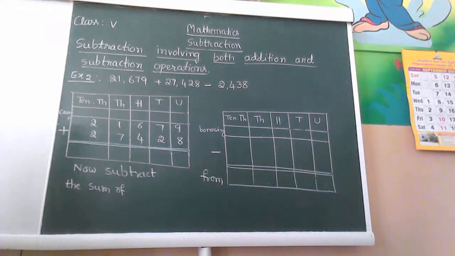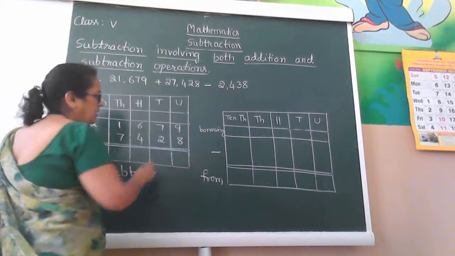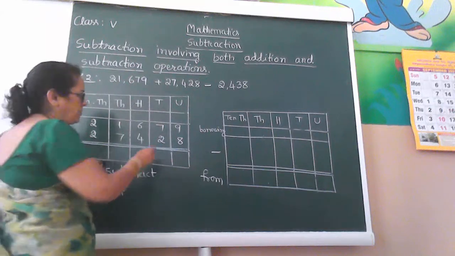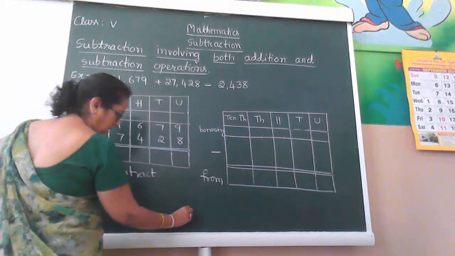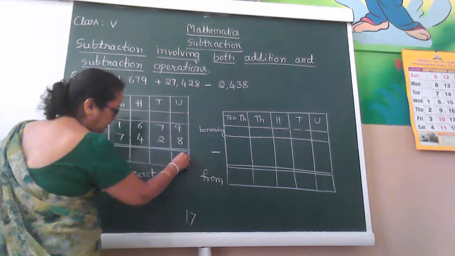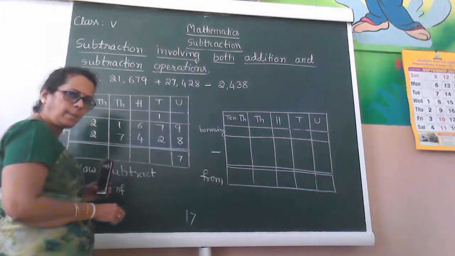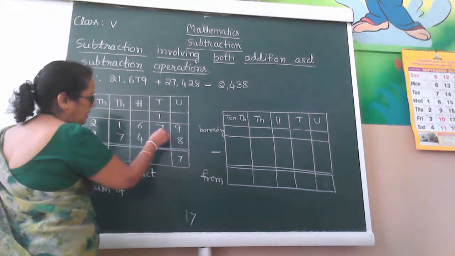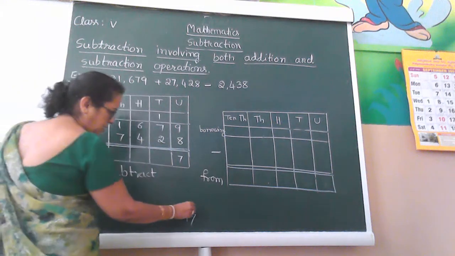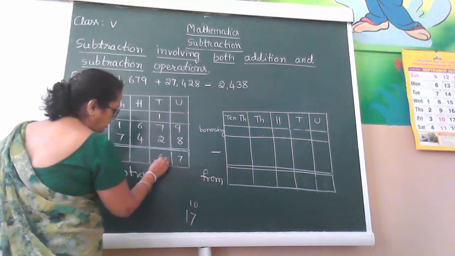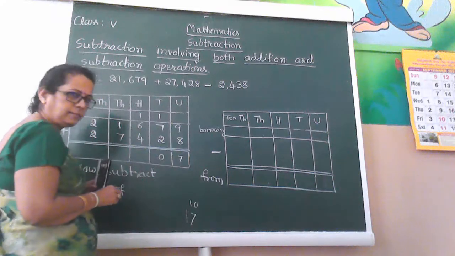Then 9 plus 8 is how much? 17. So in 17, write 7 here, 1 carry. 2 plus 7, 9. 9 plus 1, again 10. So write 0 here, give 1 carry.